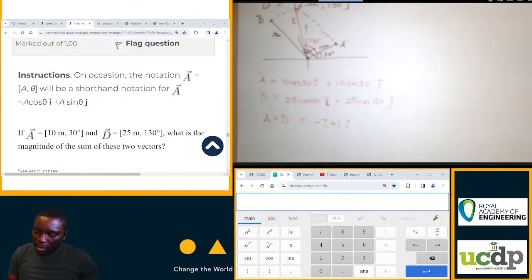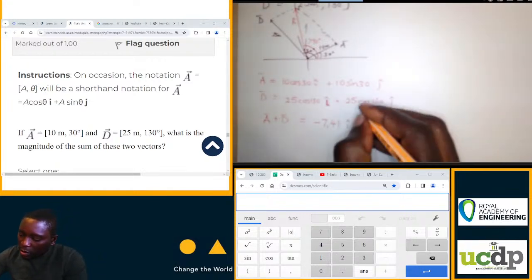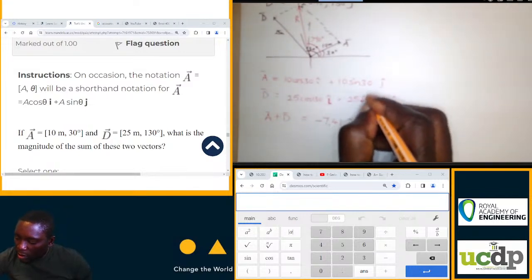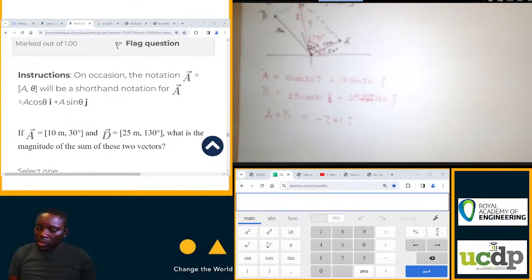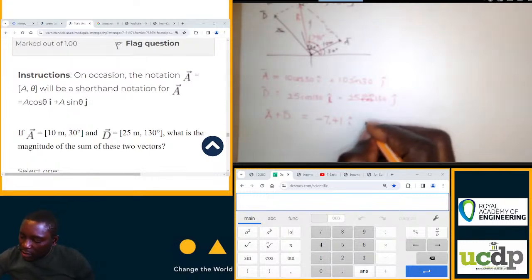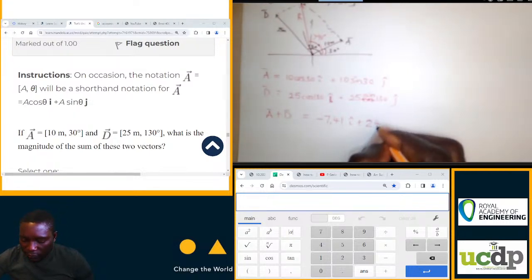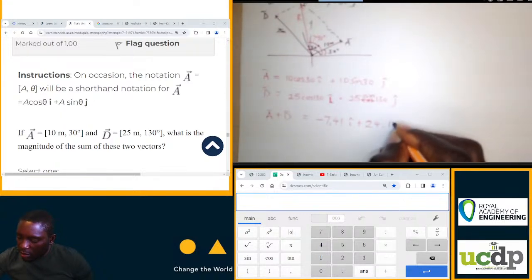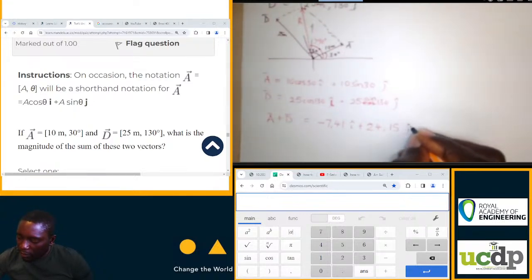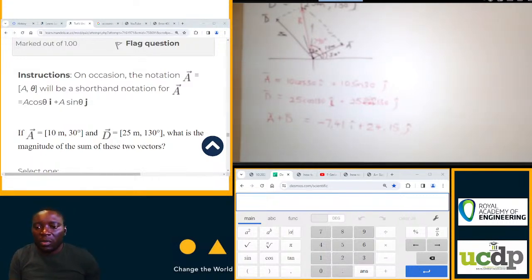Then we add 10 sin 30 plus 25 sin 130. This gives us plus 24.15j. So these are the two components for the sum of the vectors.